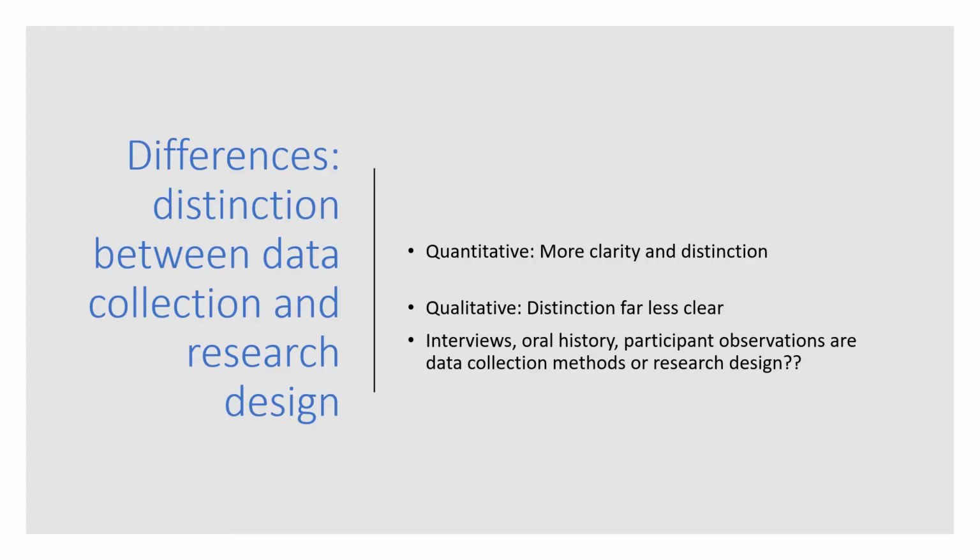Now, what do I mean by that? In quantitative, we lay out the plan of data collection. Right from the research question, we know what research question we are going to answer and how we are going to be collecting data to answer that research question. So we have clarity and distinction. However, in qualitative, our data might reveal some themes or some concepts or some variables that were not originally in the plan.